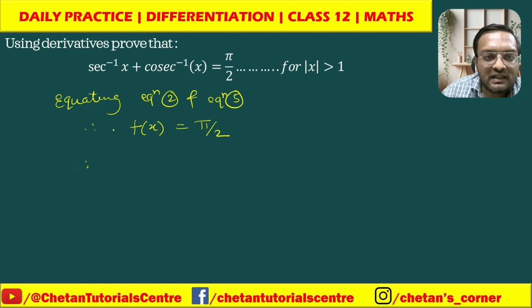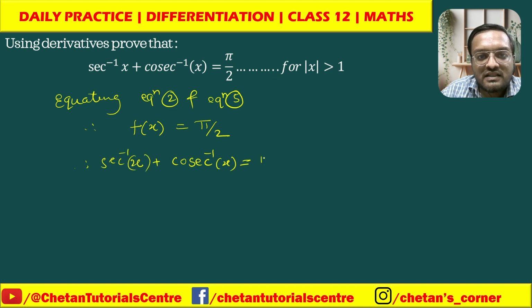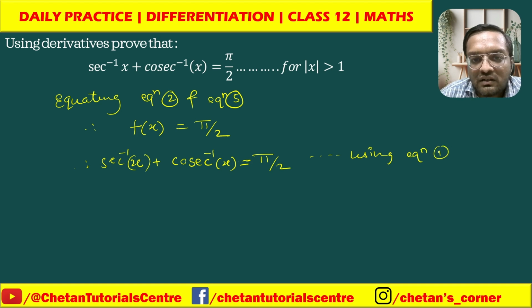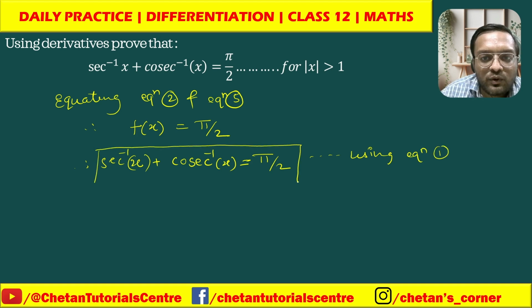So I will put the value of f of x from equation number 1. Then I will get sec inverse of x plus cosec inverse of x is equal to pi by 2. Therefore, we have proved the given relation. So I will write here hence proof.